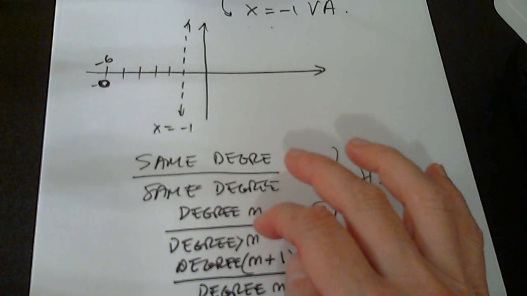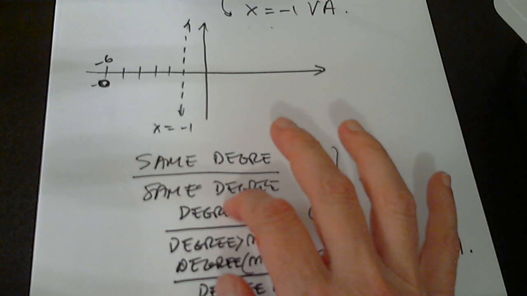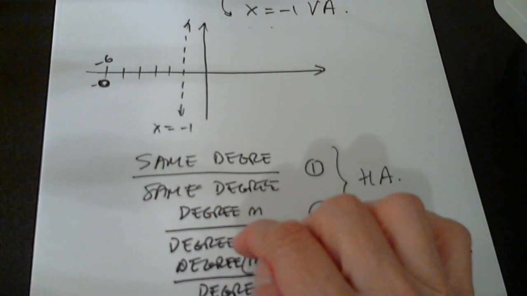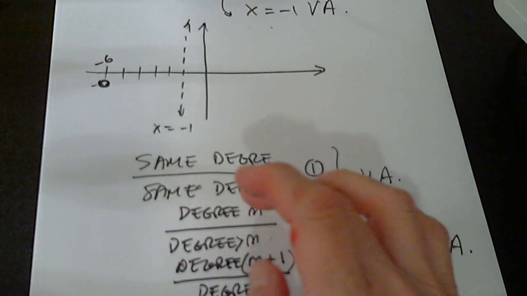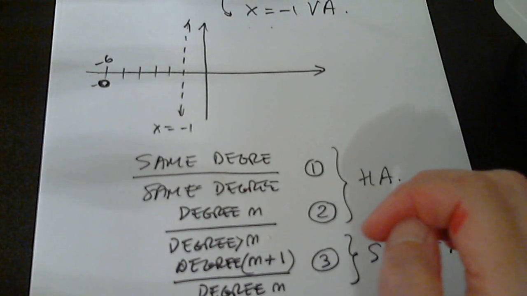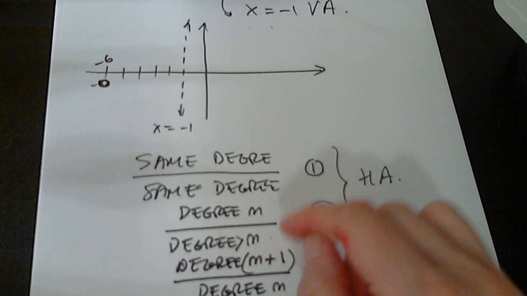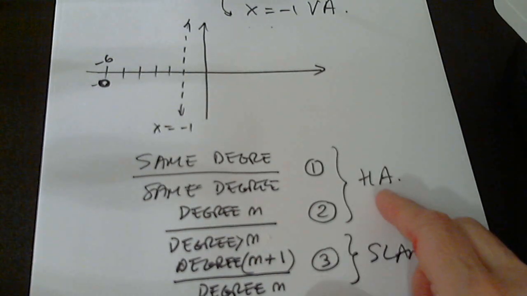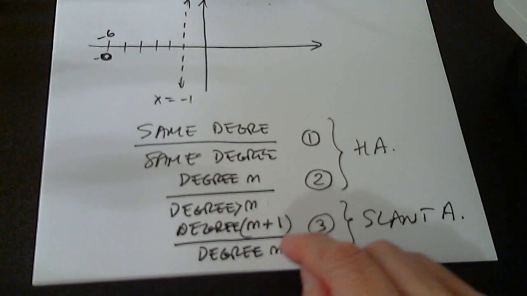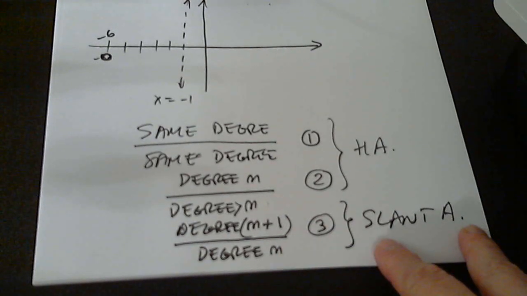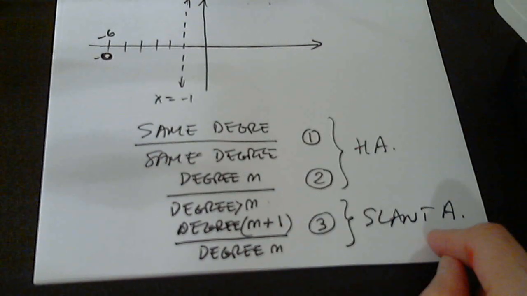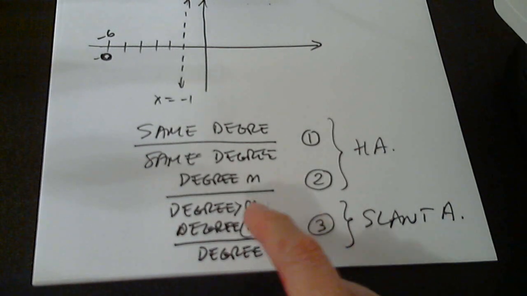If I have a rational function with degree 1 over degree 2, degree 3 over degree 10, degree 7 over degree 11, more in the denominator than the numerator, it will have a horizontal asymptote. This one is the only one that has slant, and it will not have horizontal. It may have vertical, but not horizontal.